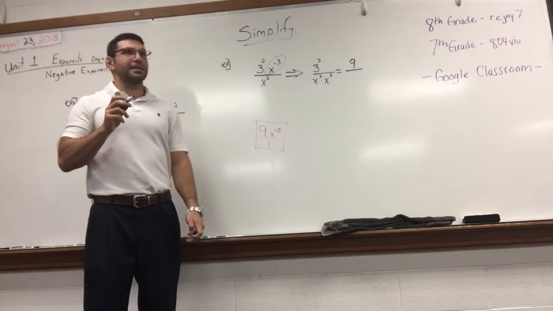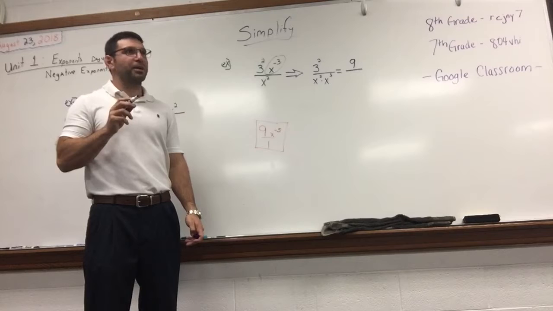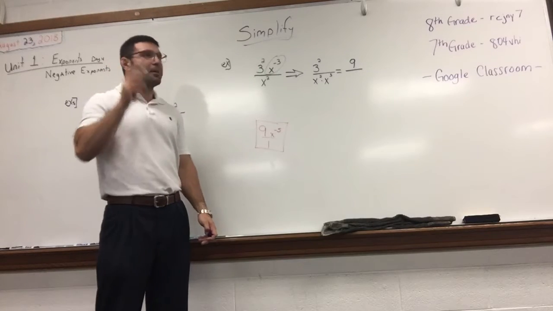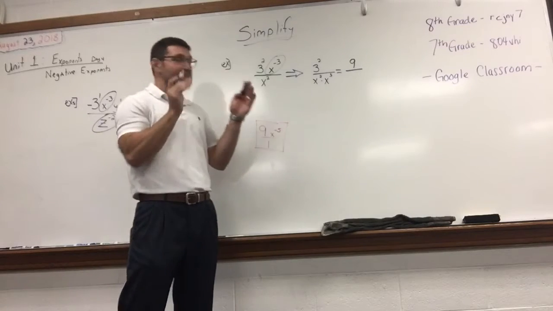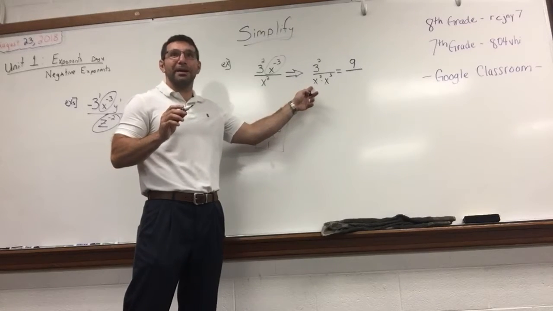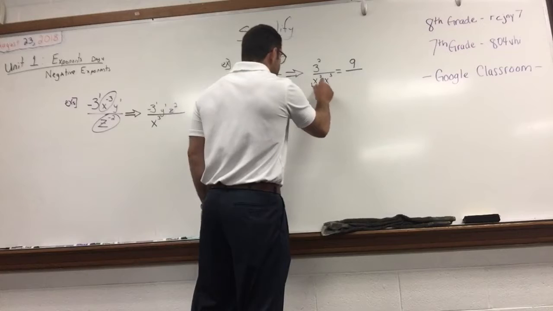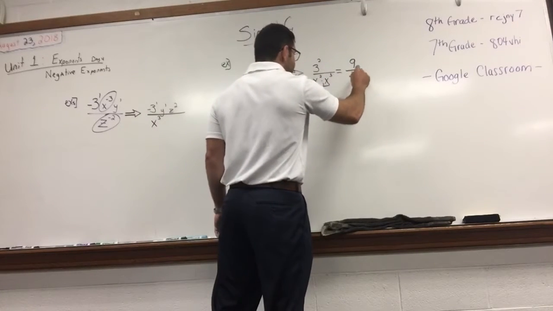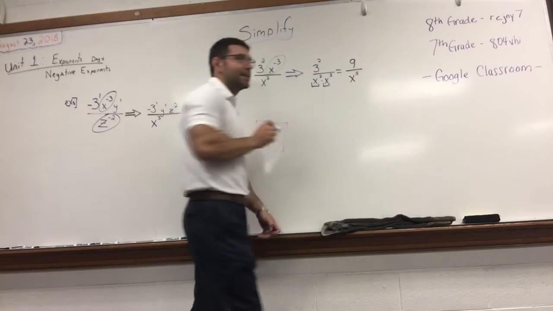Mrs. Armstrong went over this yesterday, power to a power, which is in parentheses, or combining like bases. These are like bases. So when we multiply like bases, we keep the base and we add the exponents.